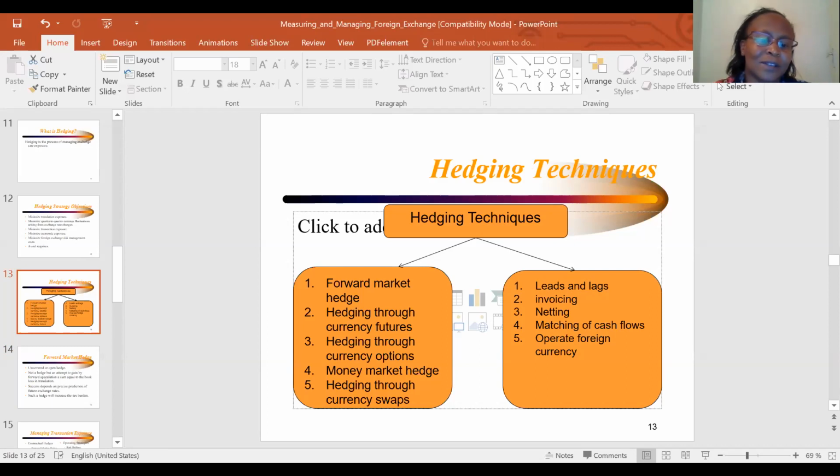Because that is where we get the definition for forward market hedge.